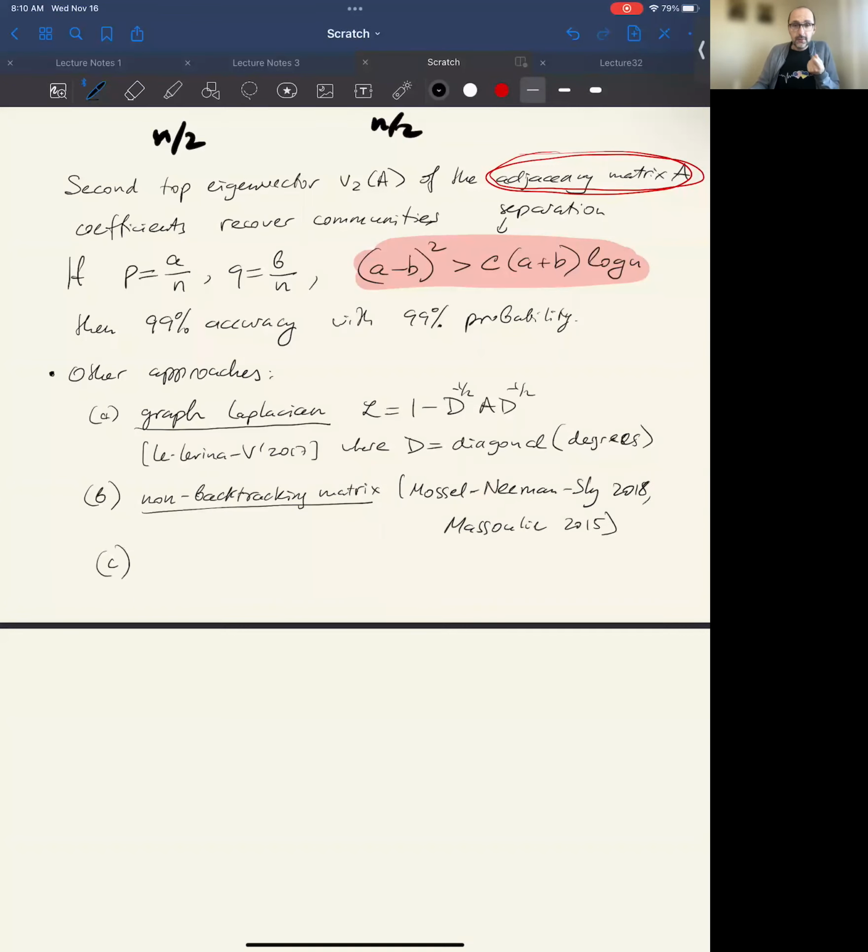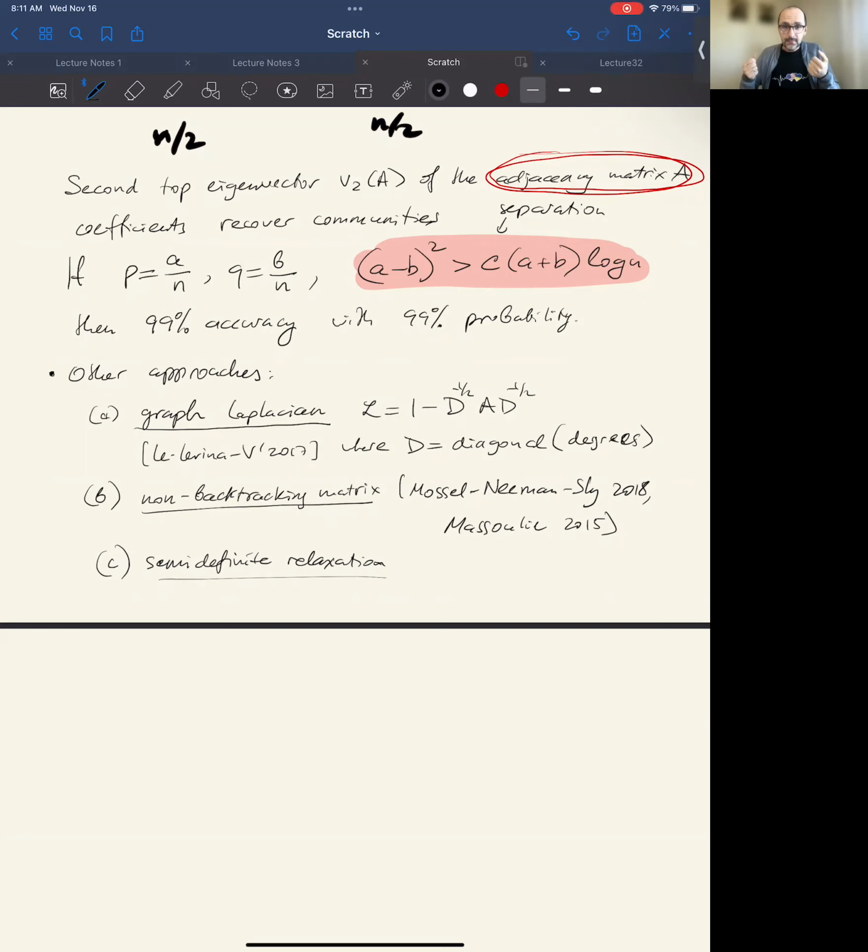Also, an alternative approach to all of this is to do a semi-definite relaxation, semi-definite programming. If you want to find the two best communities, you want to separate the vertices into two communities, that's a combinatorial problem, right? This vertex is a boy and this vertex is a girl. It's like a binary combinatorial problem.